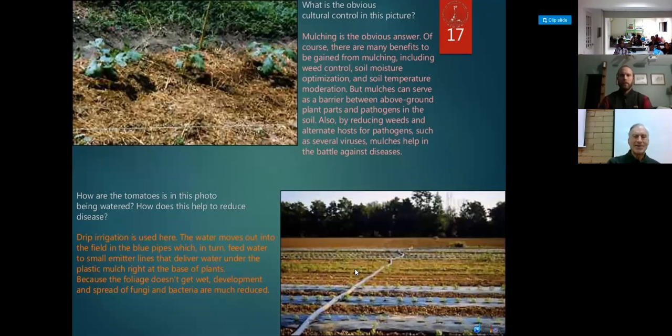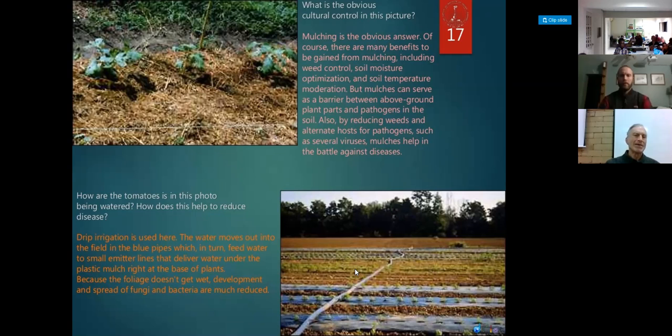Mulch, the upper left corner, it's mulch. Put mulch down on the soil, and that not only helps to hold the moisture in and adds organic matter to the soil, but it can also prevent soil-borne pathogens from splashing up to the leaves of the plant, causing disease. There are some pathogens that live in the soil.